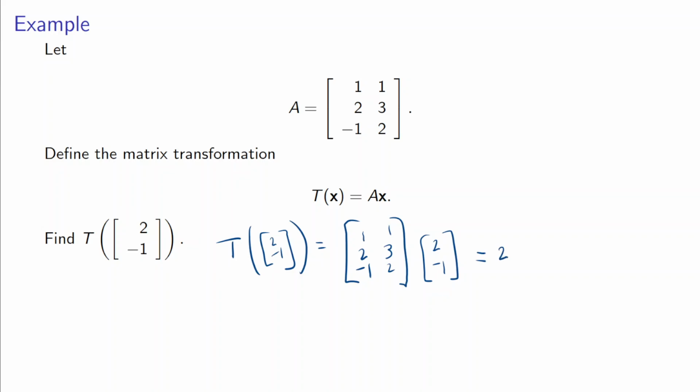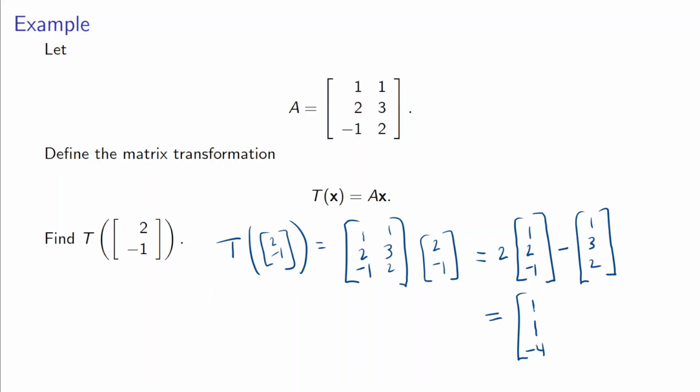And so this is equal to 2 times 1, 2, negative 1 minus 1 times 1, 3, 2. Going through the math, 2 minus 1 is 1, 4 minus 3 is 1, negative 2 minus 2 is negative 4. And so you can see that the output here is a vector as well. In particular, it is a vector in R3.